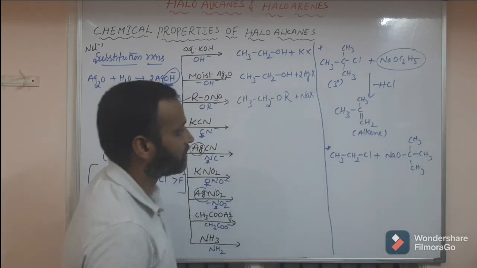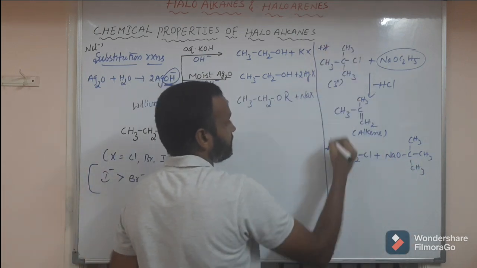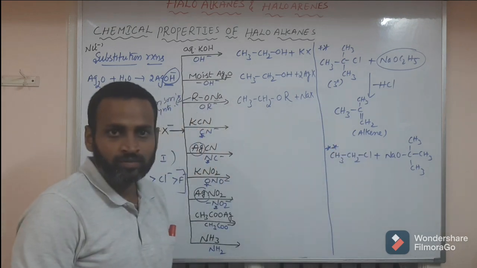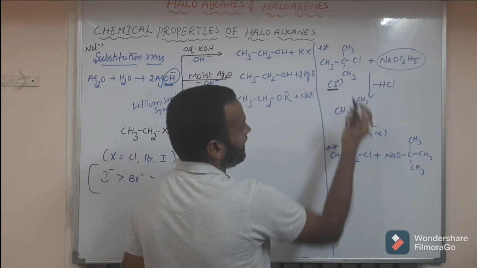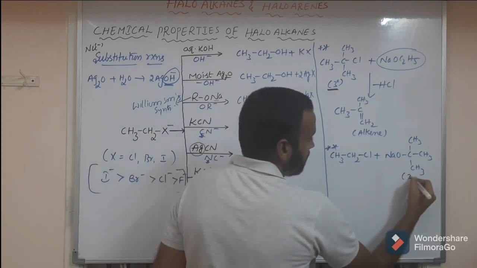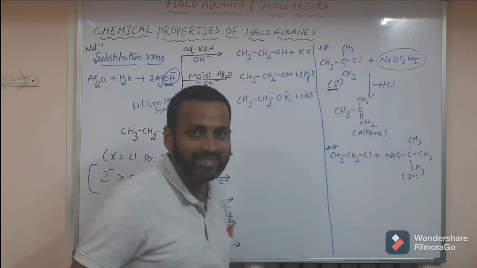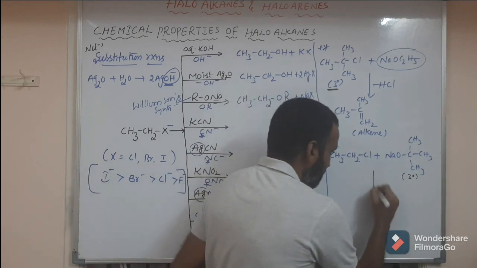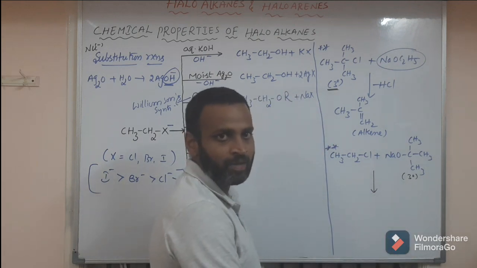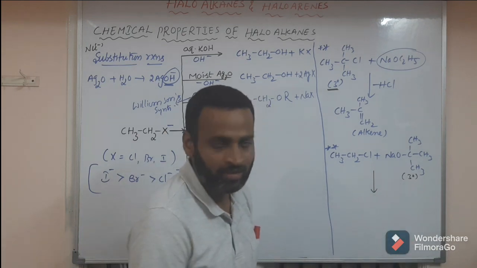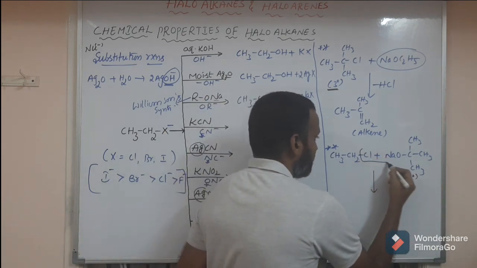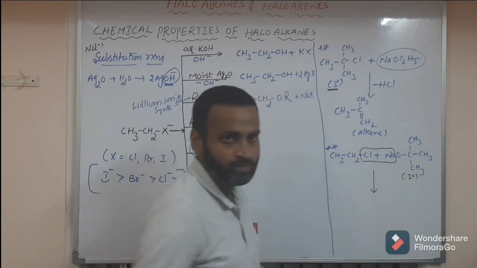What do you observe as the difference? Here the alkyl halide is tertiary, but here the sodium alkoxide is tertiary. Then ether only will come, because a stable carbocation is not forming. So here NaCl only will go.